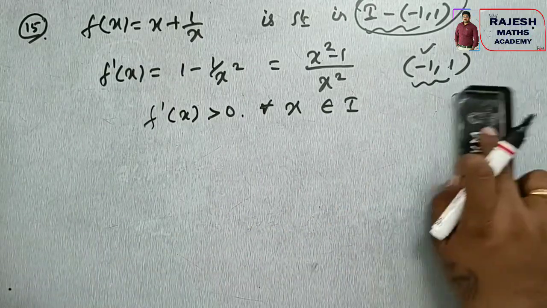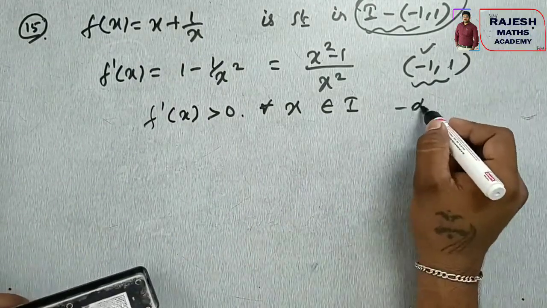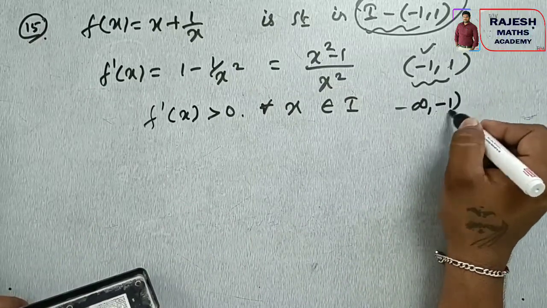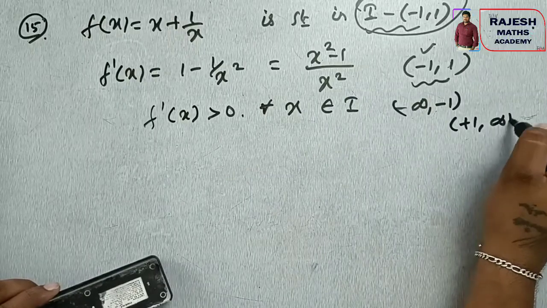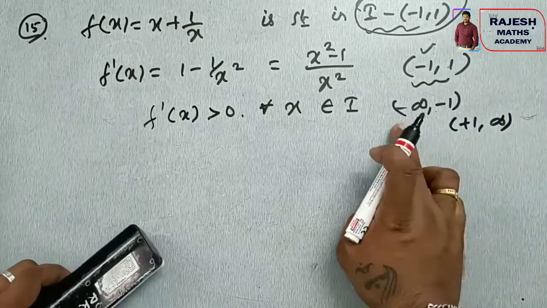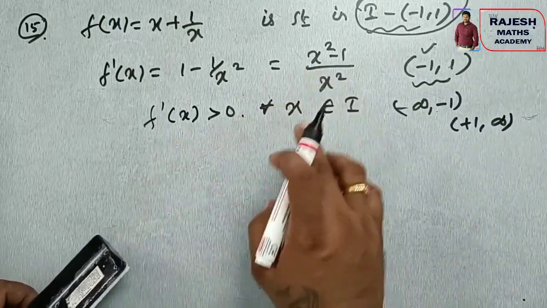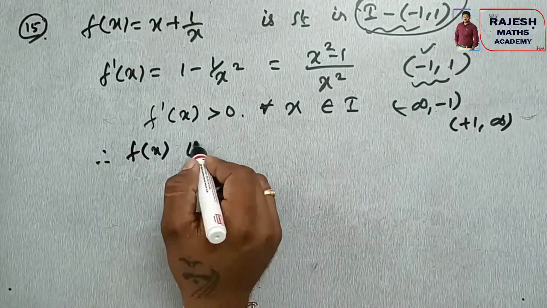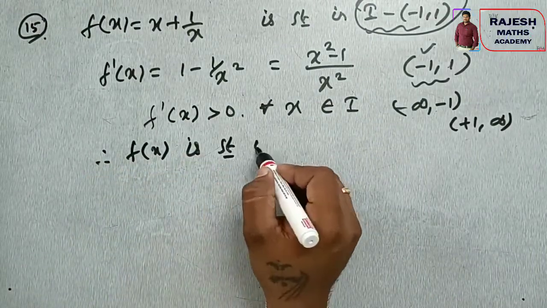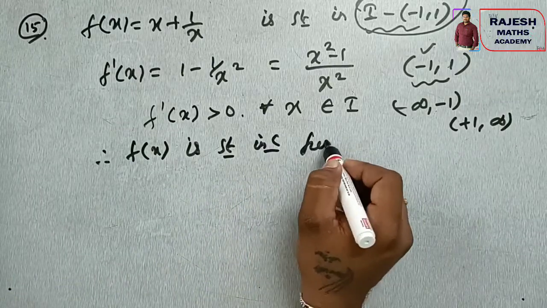So what does that mean? I must be minus infinity to minus 1 and plus 1 to infinity. In both intervals f dash of x is always greater than 0. Therefore we can conclude that f of x is a strictly increasing function.